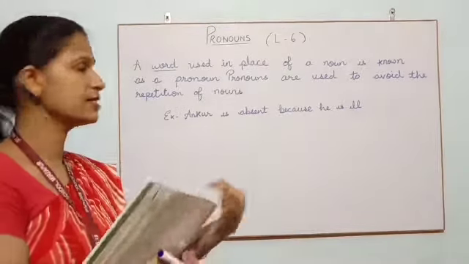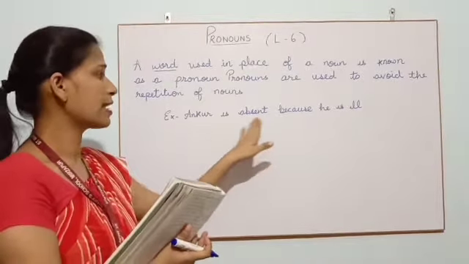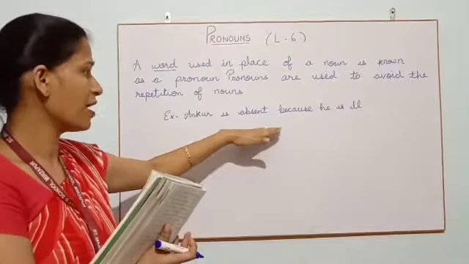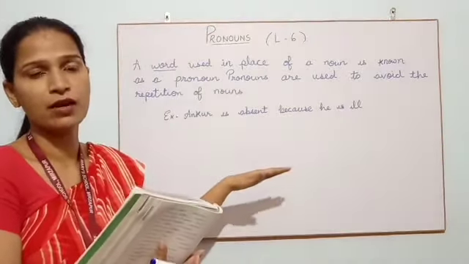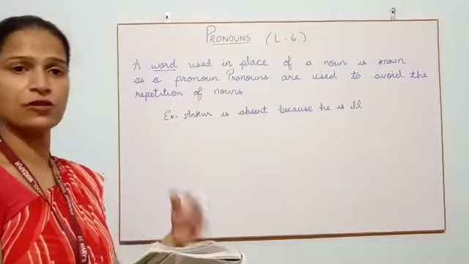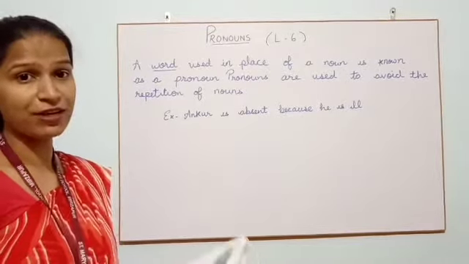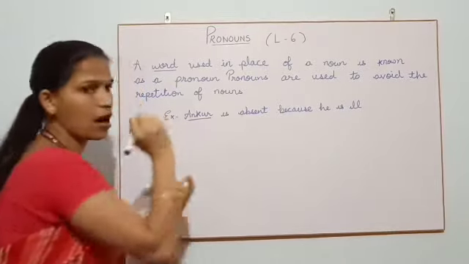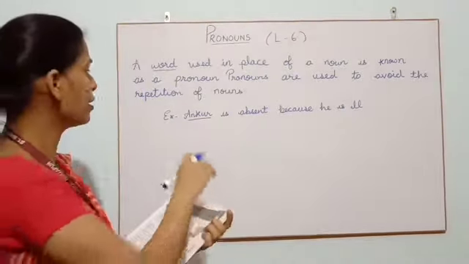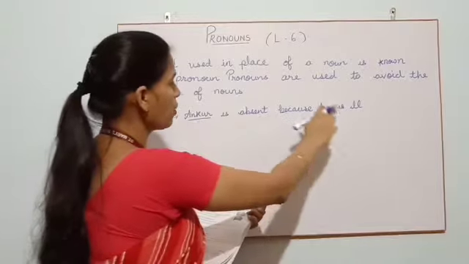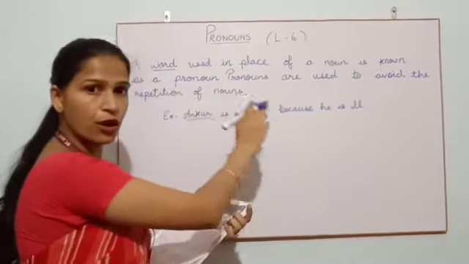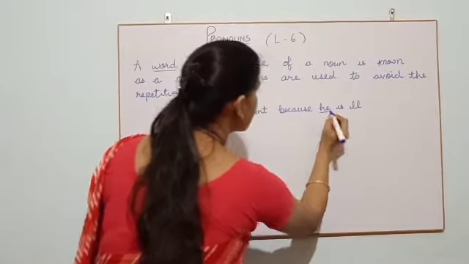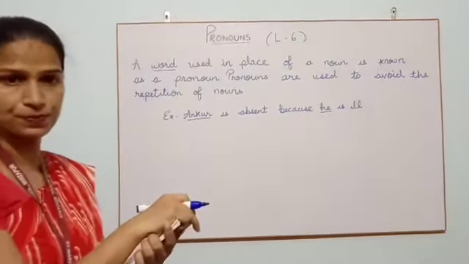Here the sentence says, Ankur is absent because he is ill. If I ask you to find out where the noun is, can you do that, children? I hope definitely you can do it. Here, Ankur is our noun. And can you see somewhere we can also find a pronoun? This word, he, is your pronoun.